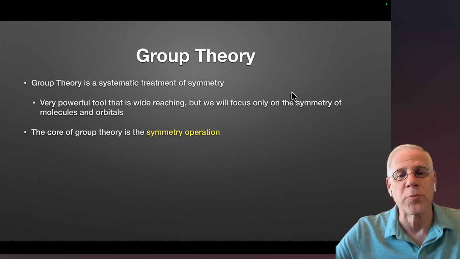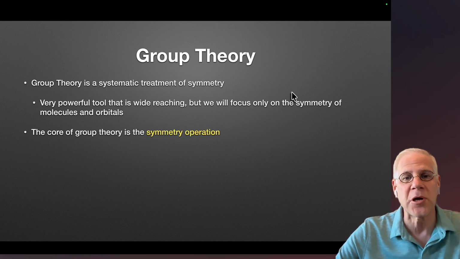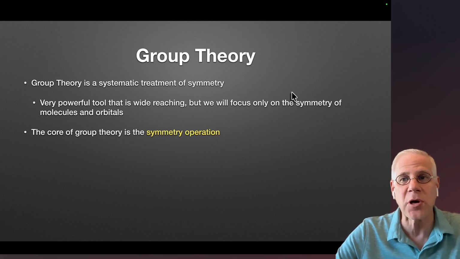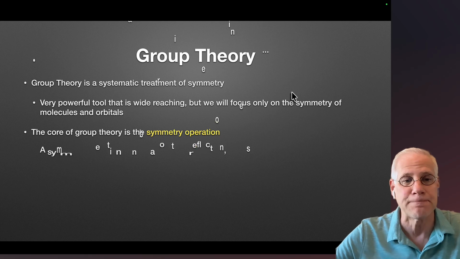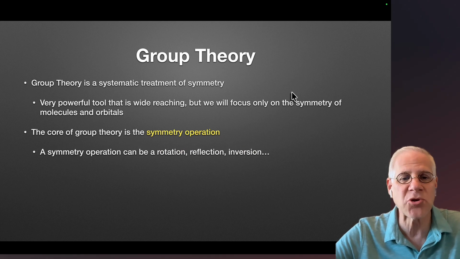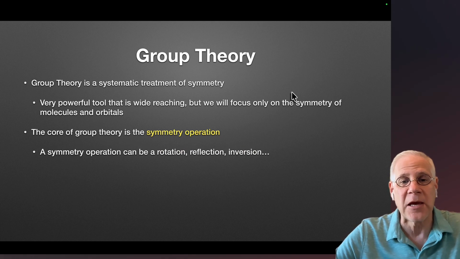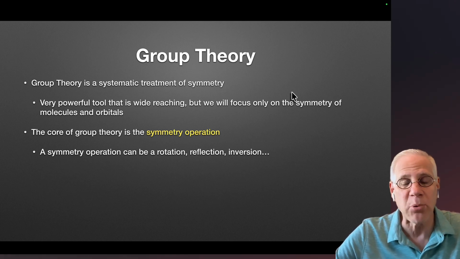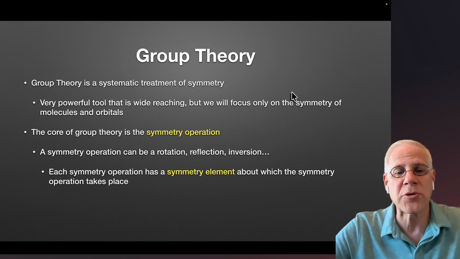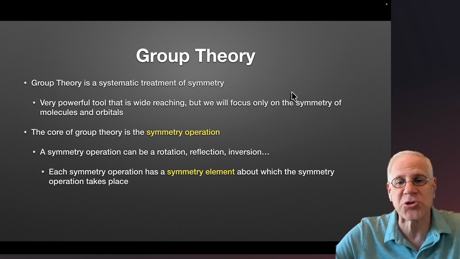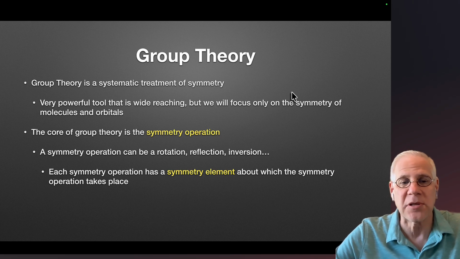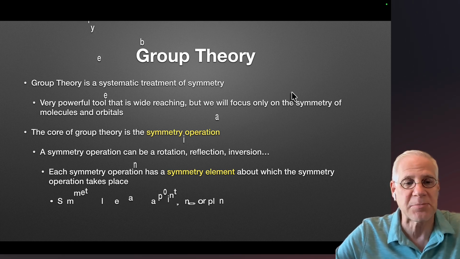Now, the core of group theory is something that we call the symmetry operation. And there are several symmetry operations that we're going to explore today. A symmetry operation can be something like a rotation of a molecule along an axis, a reflection through a plane, or an inversion through a point, just to name a few. Now, each symmetry operation has a symmetry element about which the symmetry operation takes place.